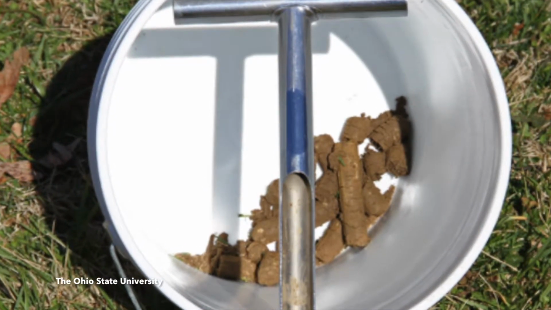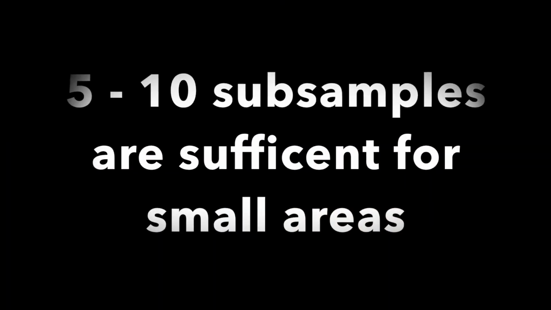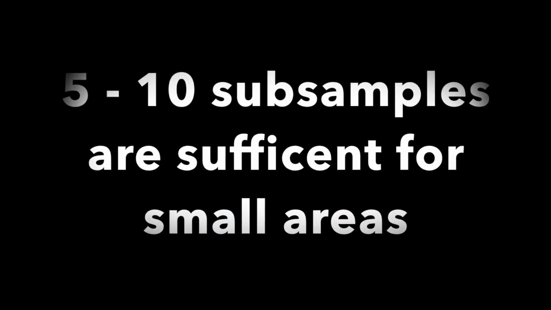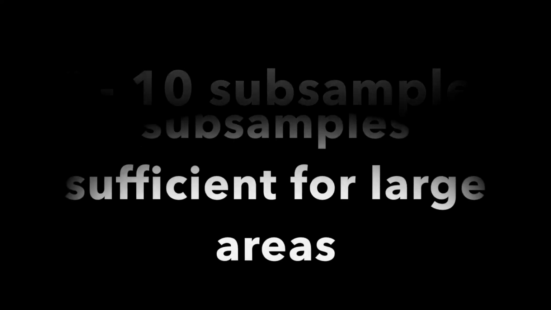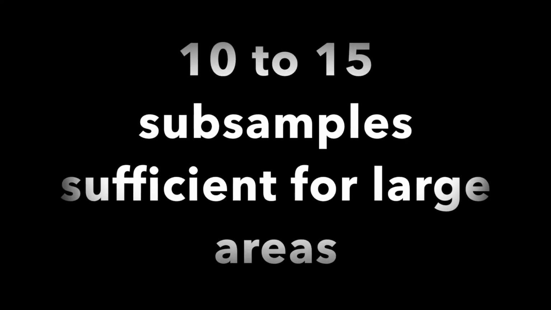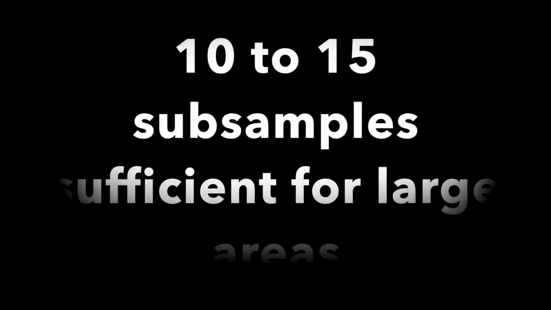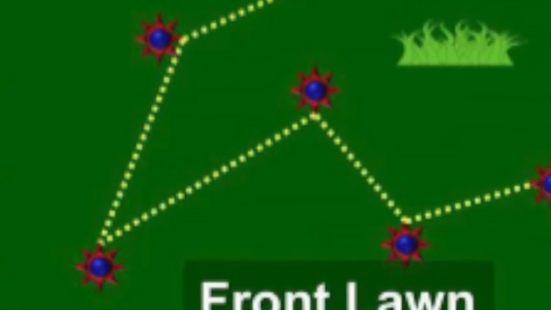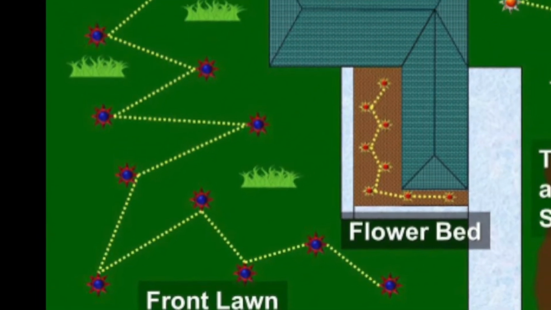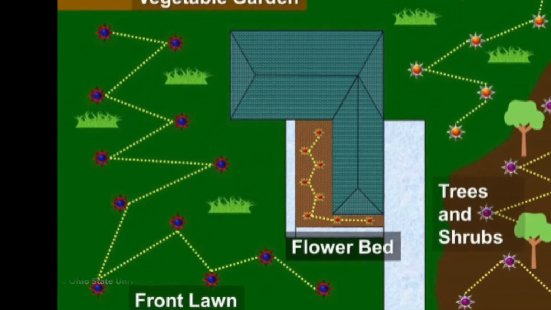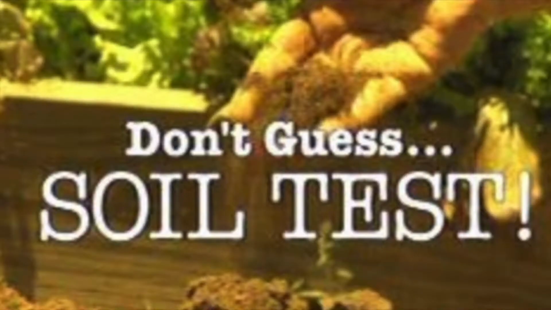Submitting a composite sample reduces the influence of soil fertility variations. 5 to 10 subsamples are sufficient for small areas, and 10 to 15 subsamples are recommended for larger areas, including lawn. Samples should be taken in a random zigzag pattern over the entire area, and all samples should be taken at the same depth and volume.